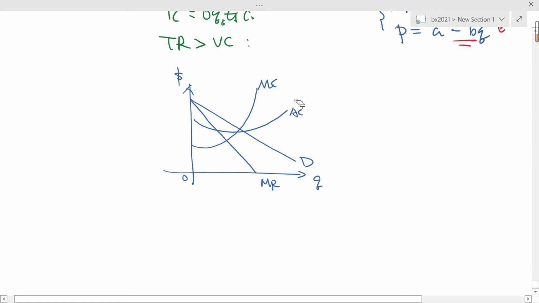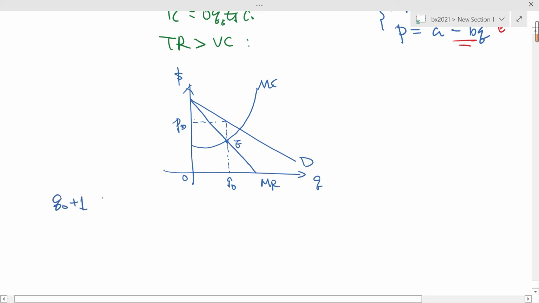I'm going to ignore average cost first. So we know that we produce at point E, which means QO, and charge a price, going from quantity up to the demand curve, which gives the price PO. Okay, let's start from QO.